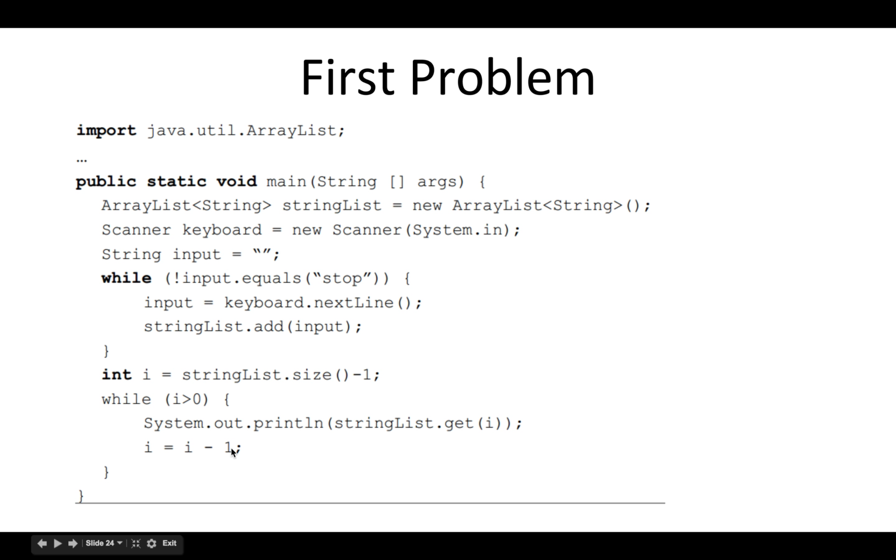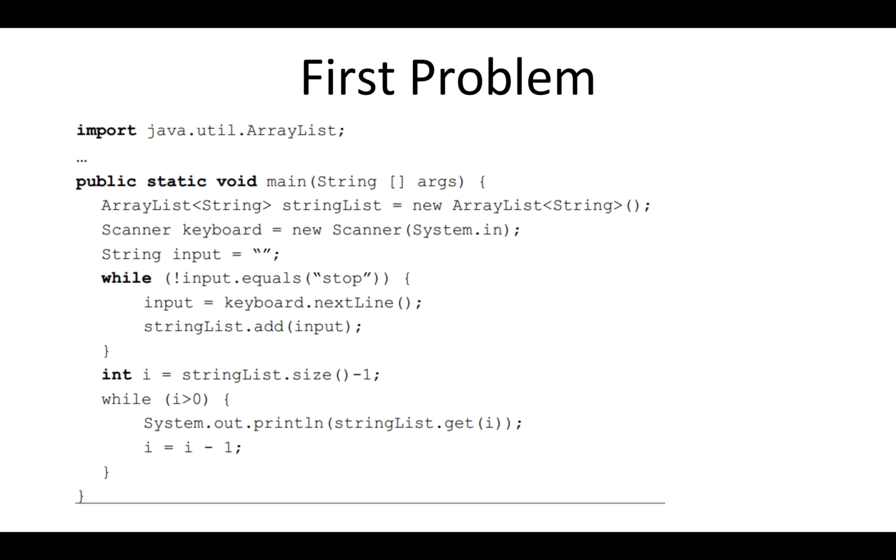I'm decrementing i every time until we get to i equals 0, which means we have printed out the first item in the array list, and ta-da! We print out backwards the input of everything that the user gave us using array lists.